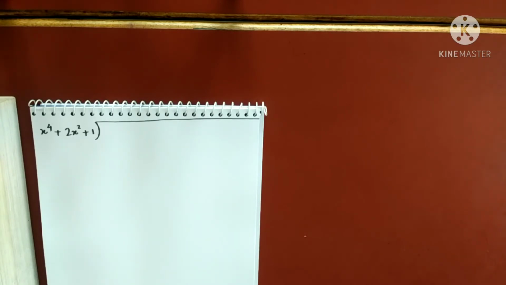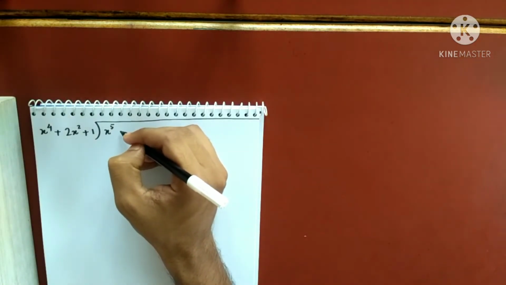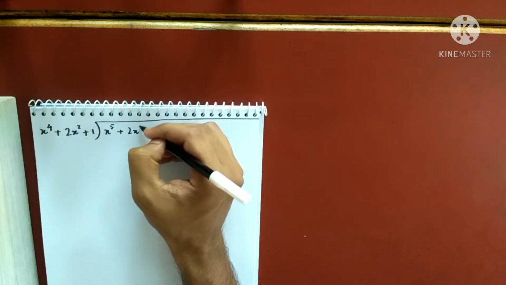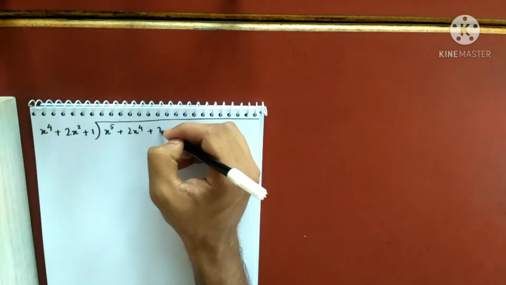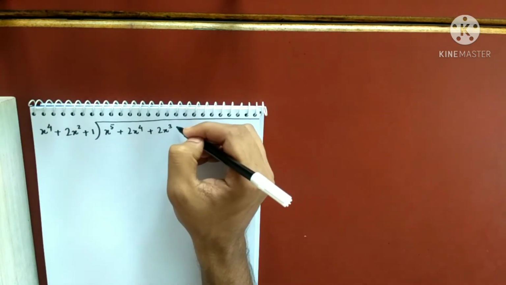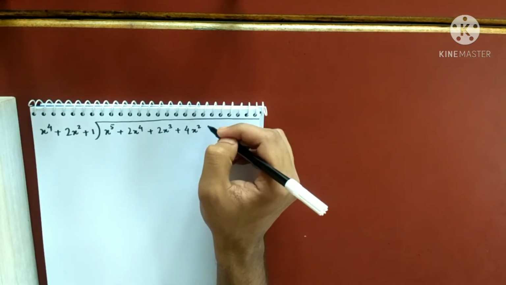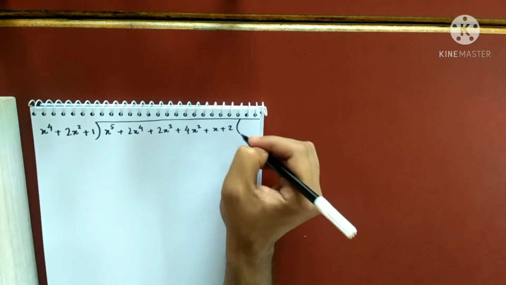Just a minute. x to the power 5 plus 2x to the power 4 plus 2x cube plus 4x square plus x plus 2. Okay, so this is my polynomial.